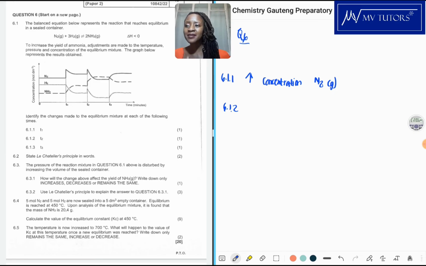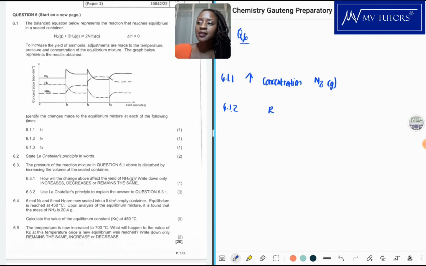So what happened there? This is a point where we are dealing with pressure. For us to get that increase in the ammonia, with pressure you have to look at where the number of moles are the most and where they are the least.